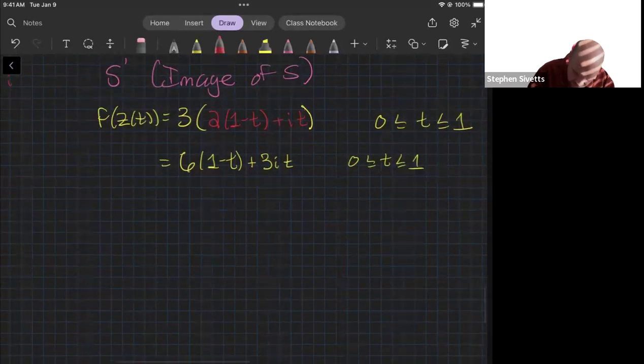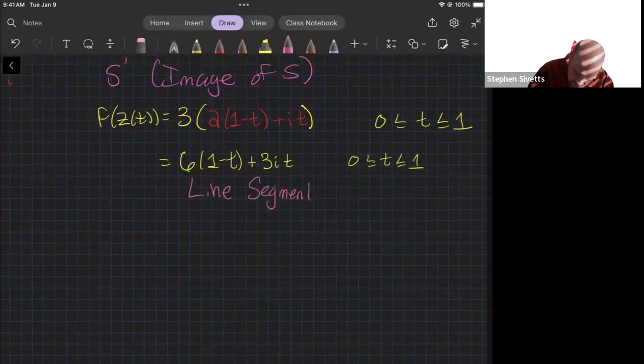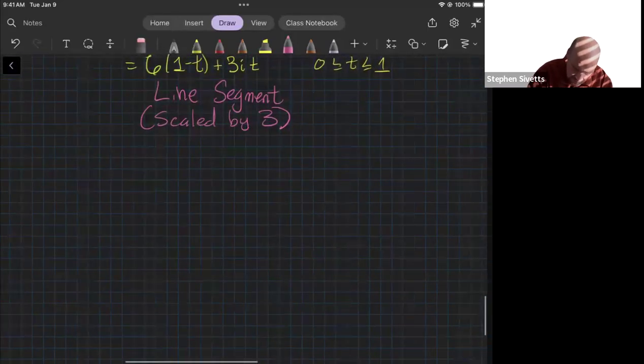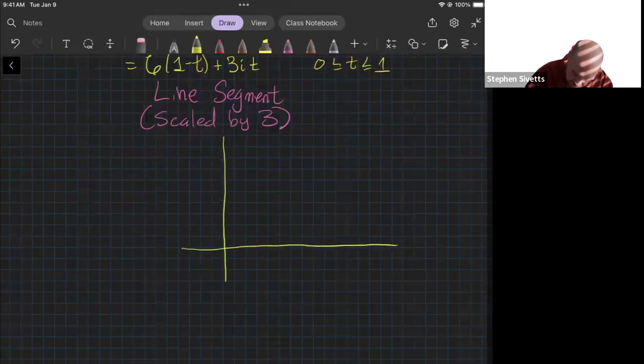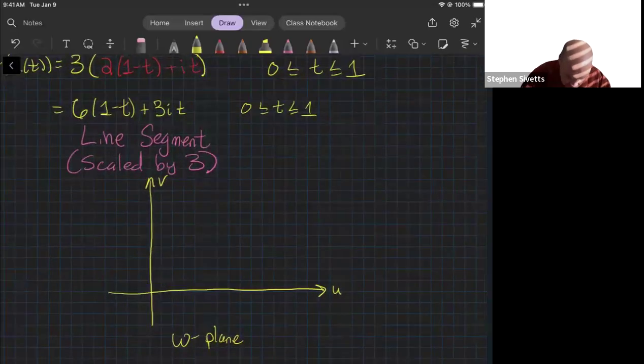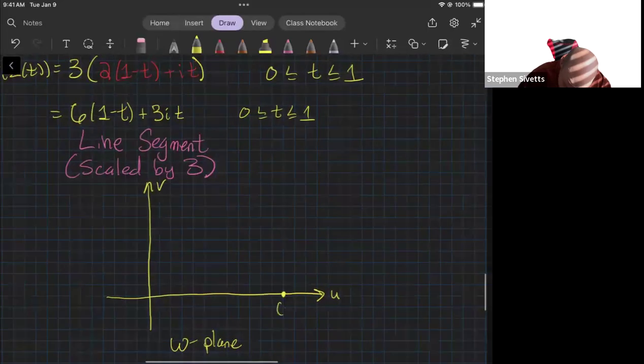Now, what this curve describes is also another line segment, but it's scaled by 3. In other words, right here is the W plane, with U and V. The new U point will be at 6, 0.